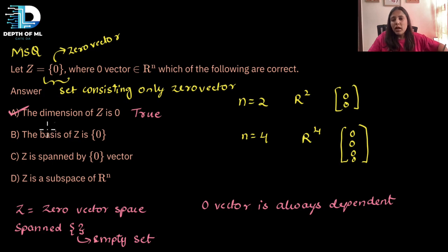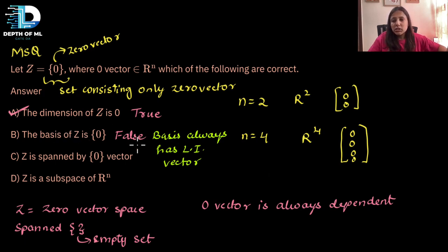Now the next statement: the basis for Z is the 0 vector. Like I said, 0 is always a dependent vector, and in a basis we always take linearly independent vectors. Hence this statement is false. Why is this false? Because a basis always has linearly independent vectors, but the 0 vector is dependent by nature or by definition.